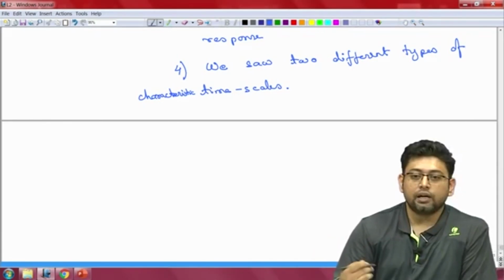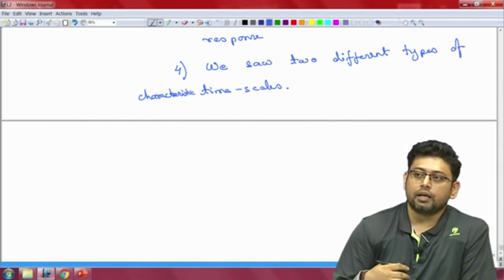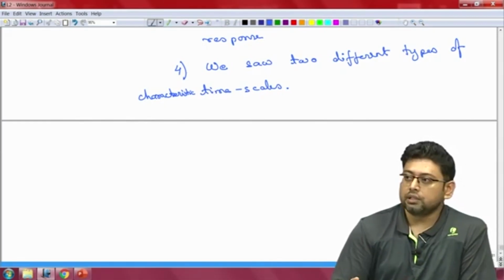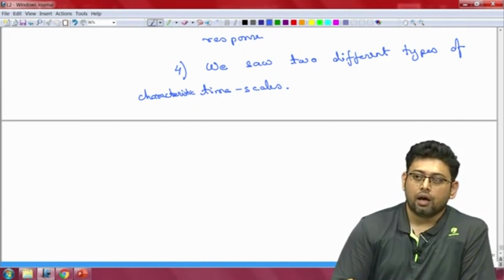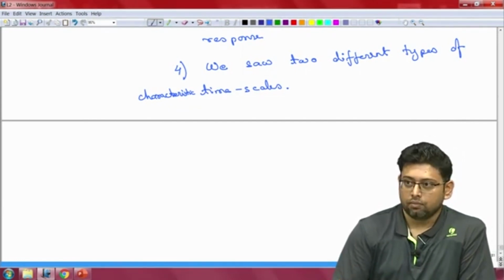So, there exists a generalization of this idea where we have a discrete set of characteristic time scales. In a more general sense, it is possible that a fluid can have an entire spectrum of time scales.